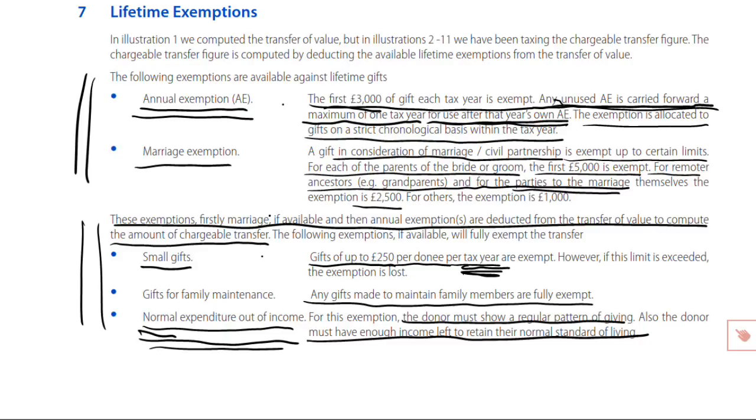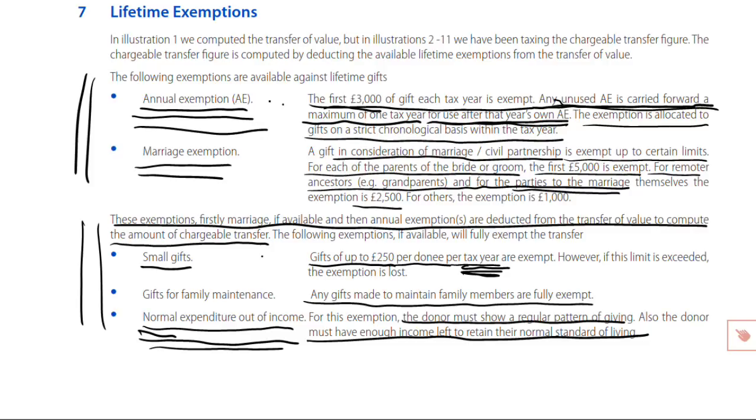This is the point that we keep making. The basic transfer of value must exist in the first place for IHT to be at all involved. But then we have to, where appropriate, when dealing with a PET or CLT, deduct from that the relevant exemptions. Marriage, specific, and if applicable, first to be applied, followed then by any annual exemption.